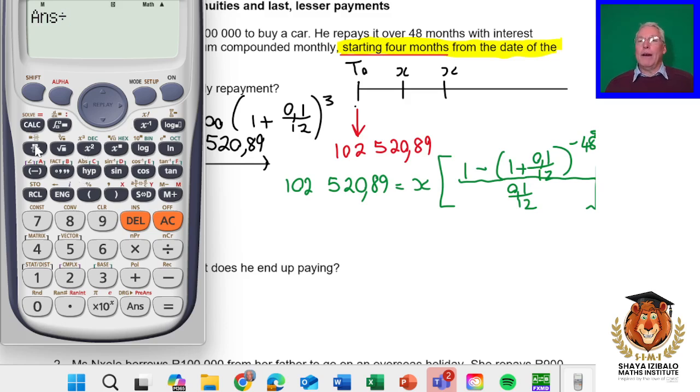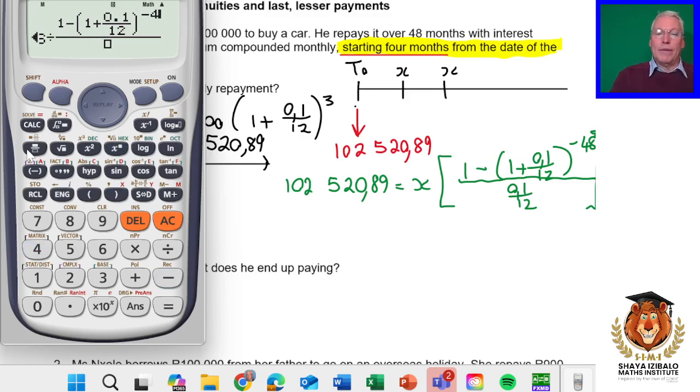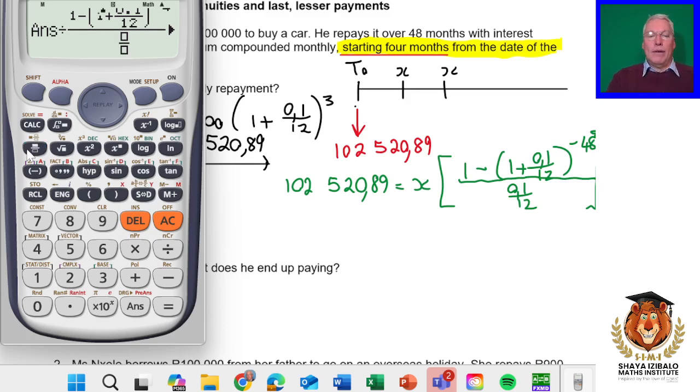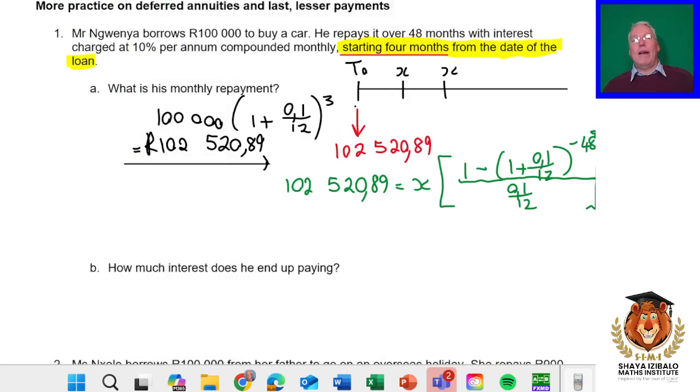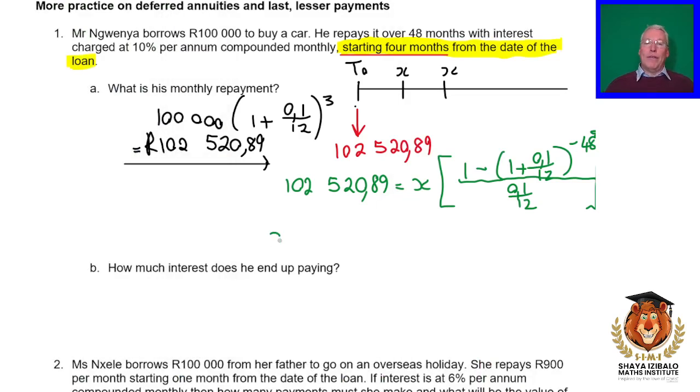So it's actually going to be divided by 1 minus 1 plus 0.1 over 12 to the power of negative 48, and on the bottom here, 0.1 over 12. Okay, and we get 2,600 rand and 19 cents. So 2,600 rand is what he needs to pay monthly.